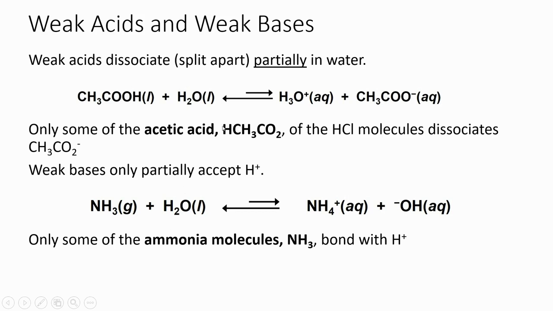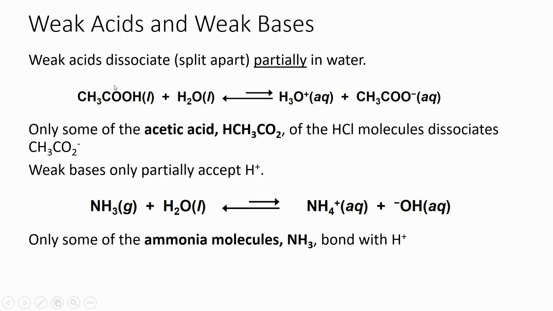But this is showing you that this proton is the hydrogen that the acid gets rid of. So if we have a weak acid, only some of the acid gives off a proton. Some of it stays in the original form. Some of it stays with all of its protons. That makes it weak.